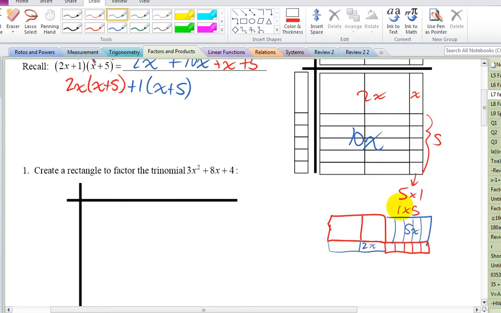So what you're going to see today, because we have more than one square, like yesterday's work, we only had one square, so it didn't matter where we put our 1 tiles. But today, we have more than one square. So it matters whether we put our 1 tiles as a 5 by 1 arrangement or 1 by 5 arrangement.